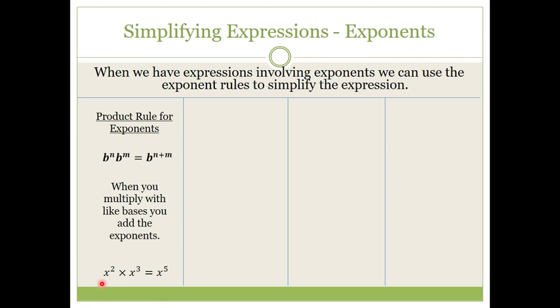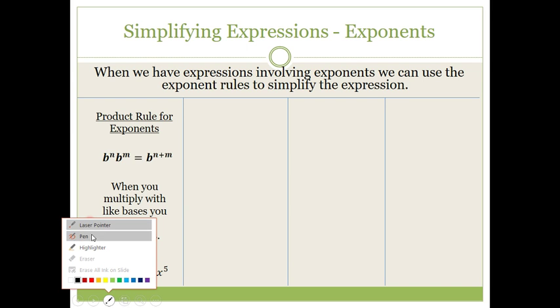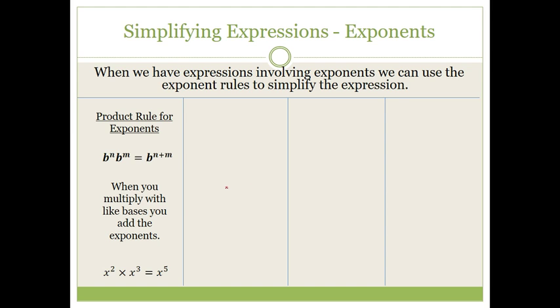So in this example down here, x squared multiplied by x cubed, I just add the exponents to get x to the 5th power. Let me demonstrate why we do that. x squared really means x times x.